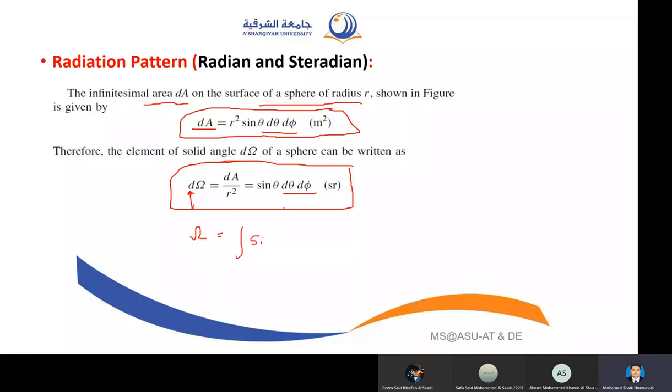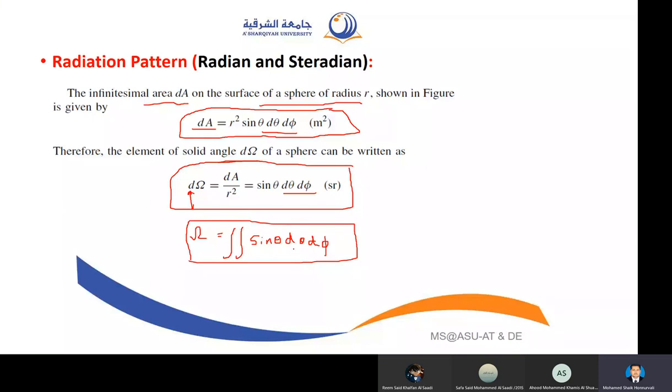Since there are two angles here which we are differentiating, we have two integrals: sinθ dθ and dφ. So the exact equation for the solid angle is the double integral of sinθ dθ dφ.